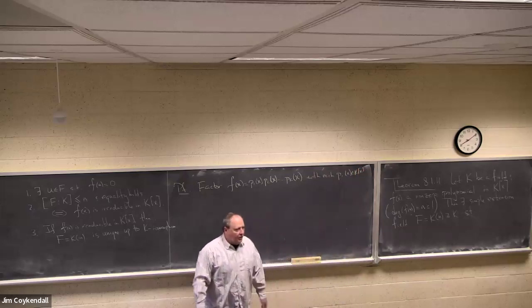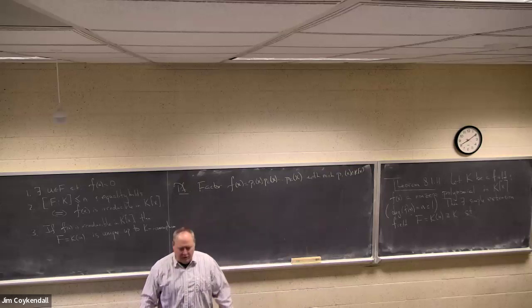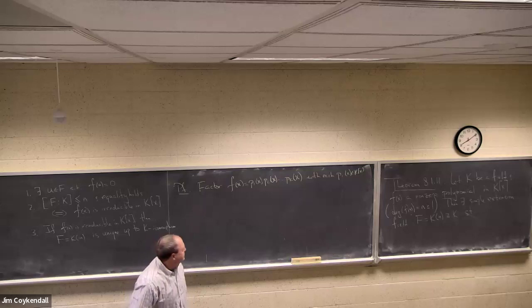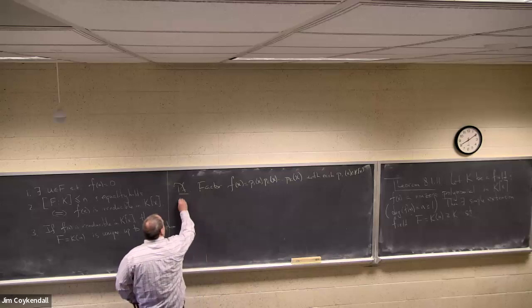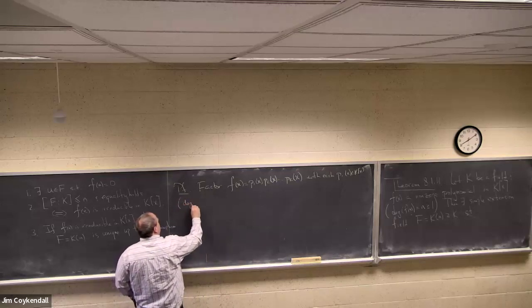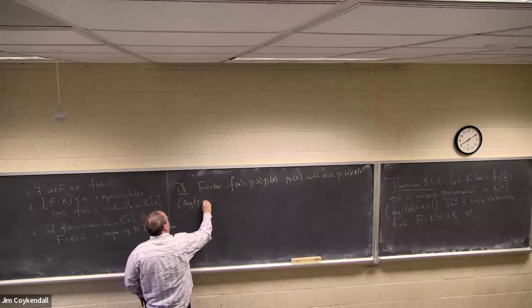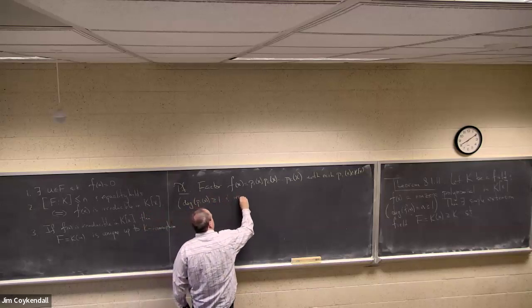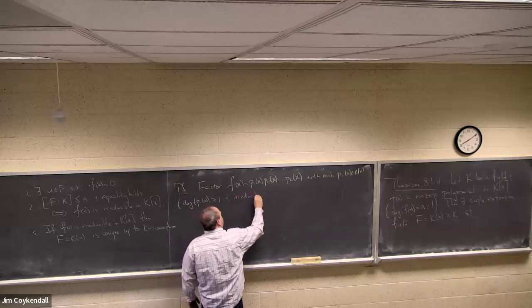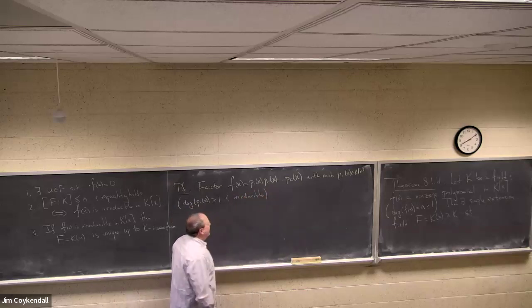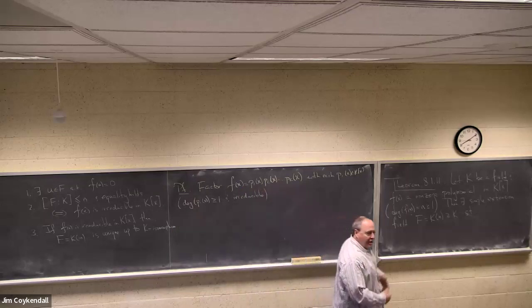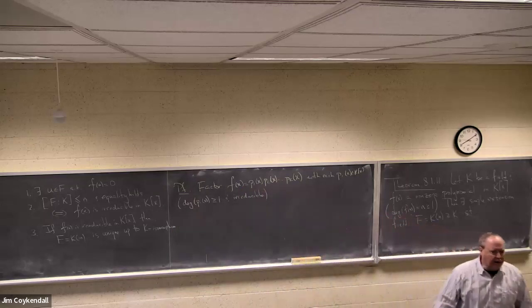And lucky us, there's only one way to do this, really up to units, because K[x] is a unique factorization domain. I want this to be a prime factorization. So these are all irreducible polynomials. So just factor until you get irreducible polynomials.